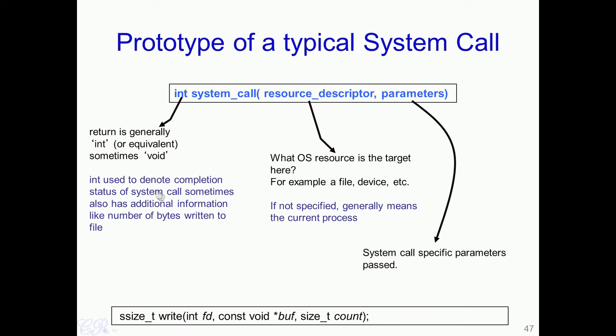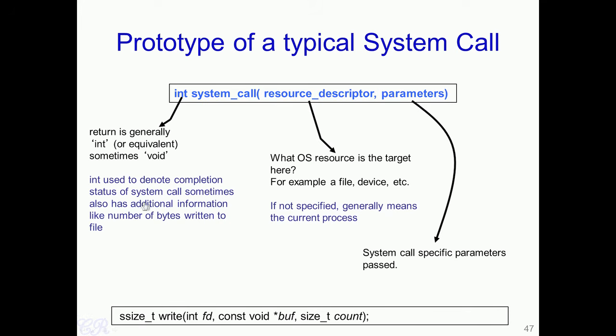So, sometimes the return is also used to specify certain specific information about the system call. For example, in write, the return is size_t, which in fact is typedef'd to integer, and it specifies the number of bytes that have been written to the file specified in fd. So, the return type could also vary depending on the type of system call.